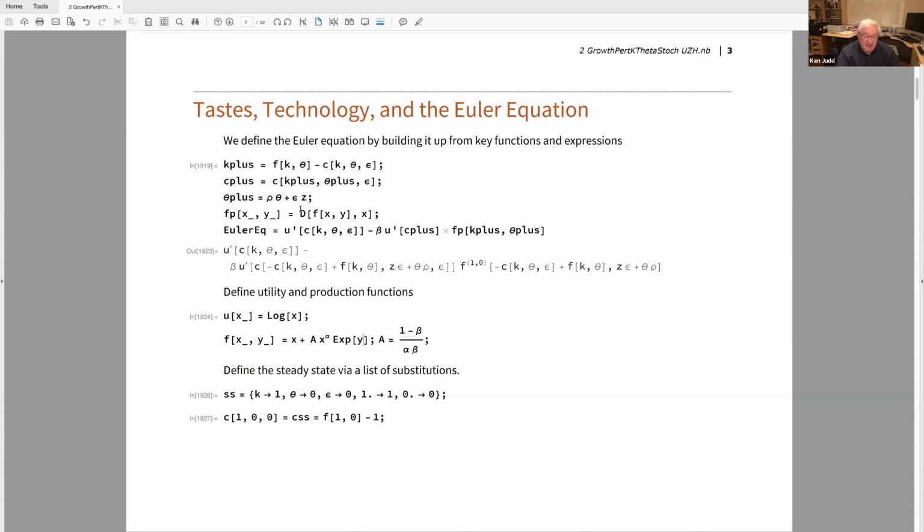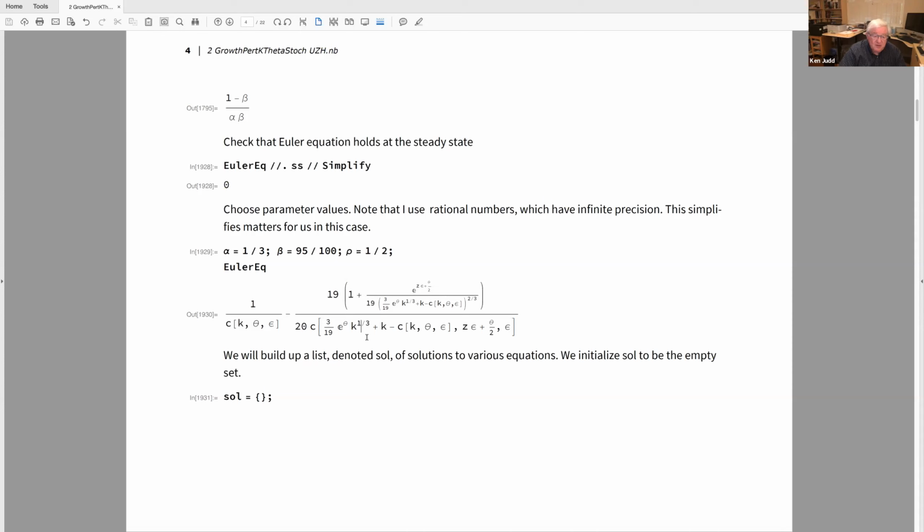So theta is basically an AR1 process that's being kicked around by some disturbance z. The productivity parameter in the production function will be e to that power. This is common kind of stuff we do.